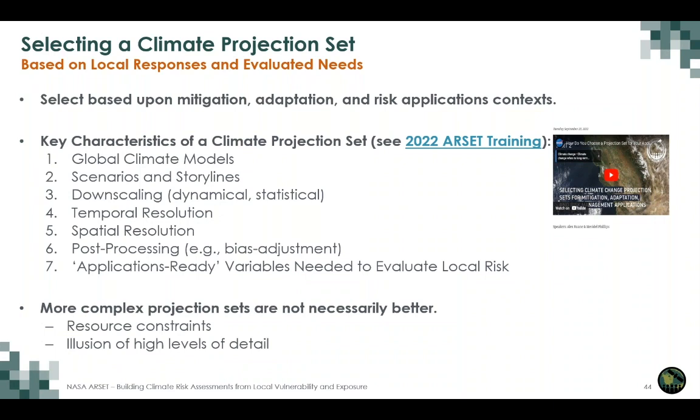Generally, the key characteristics to look at in a data set are global climate models, or what type of models you're looking at, scenarios and storylines, downscaling, is it dynamically downscaled or statistically downscaled, temporal resolution, spatial resolution, post-processing of the data set, if it's bias adjusted, and then application-ready variables needed to evaluate local risk. An important note here is that more complex projection sets are not necessarily better, even if they feature higher resolution.